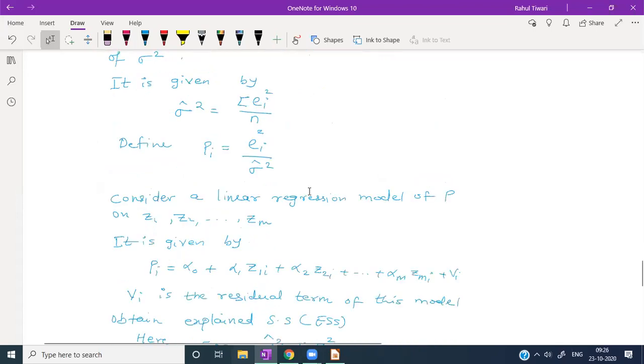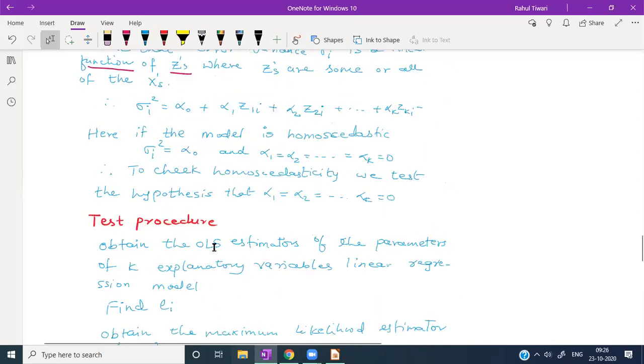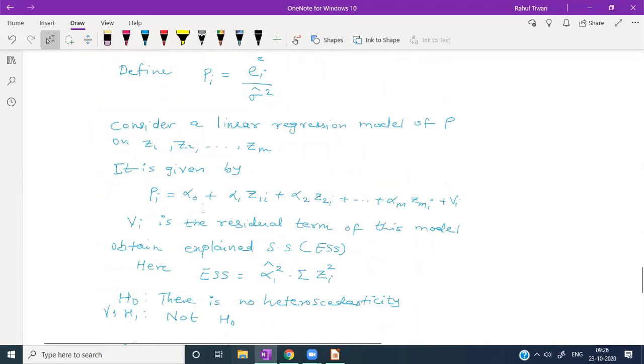Then you consider that function, and the variance which you have defined is equal to your p_i. Therefore, p_i is equal to alpha naught plus alpha 1 z1 plus alpha 2 z2, and so on up to alpha m zm, plus an error term now, because while calculating you may get some error, and that p_i is the residual sum of squares.